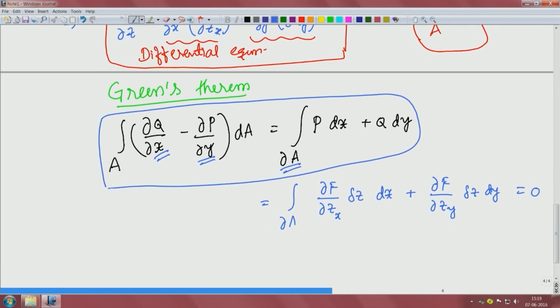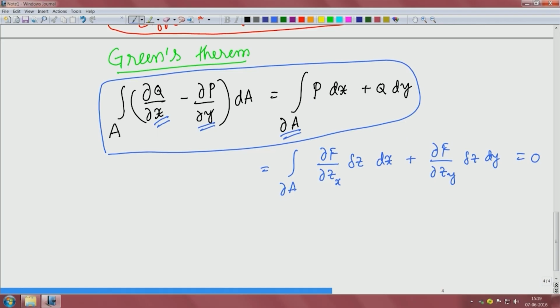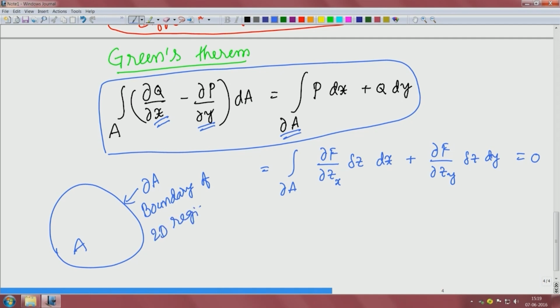We got a boundary condition that over the boundary of that region, if this is A, this is our dou A, which is the boundary of the 2D region A that we have. If this is the region, we have the boundary, and the boundary condition says we have to go around the boundary like this.